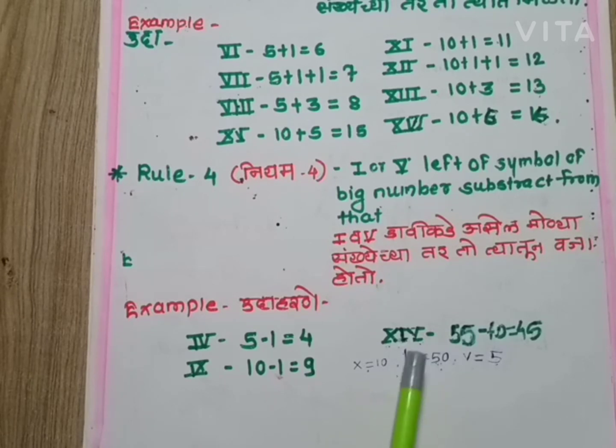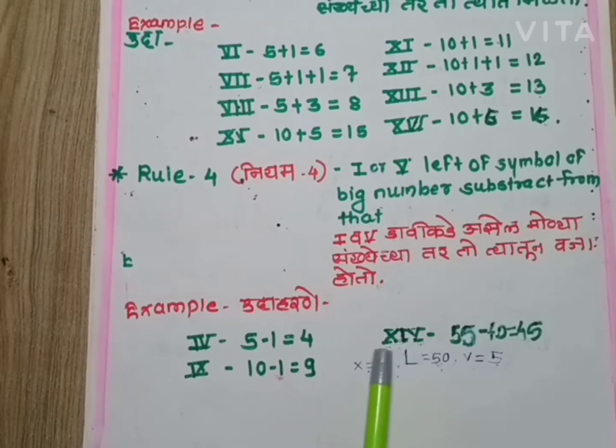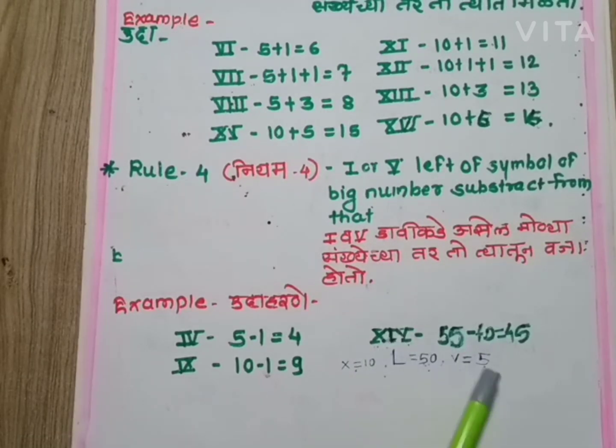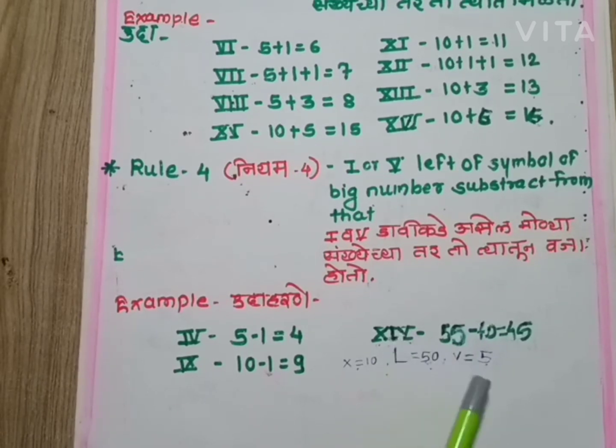We know that L gives the value 50, X gives the value 10, and V gives the value 5. The value of L is greater than both X and V. Here V is on the right side of L, so 5 plus 50 gives 55.